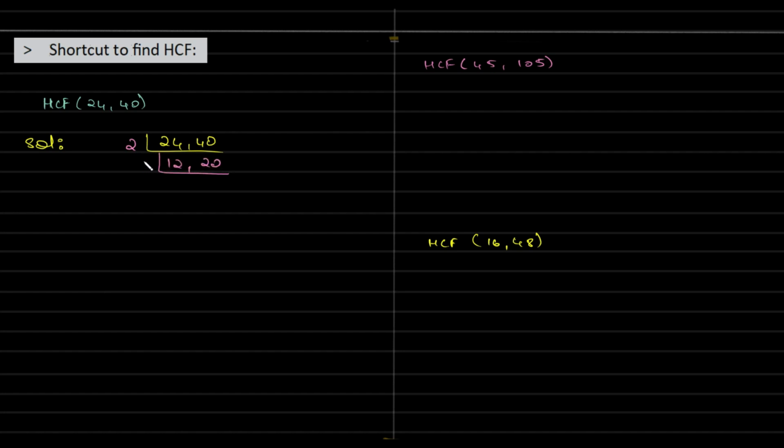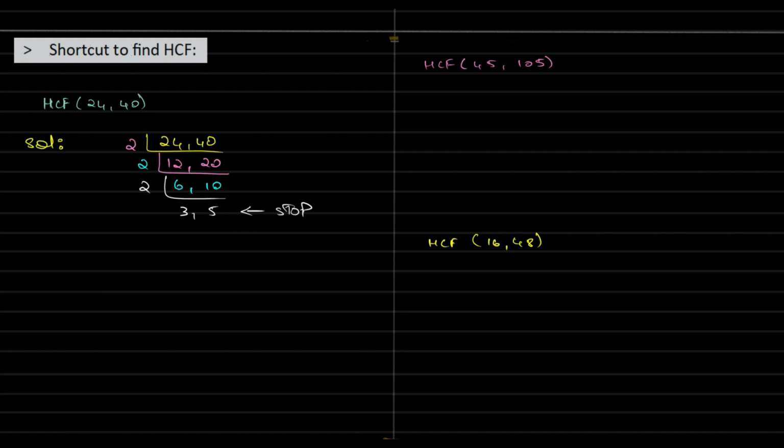What is the next step? Again, find the common factor over here, which is 2 again. And one more step. Now there's no common factor between 3 and 5. This is when you have to stop. You find that there's no other common factor other than 1.